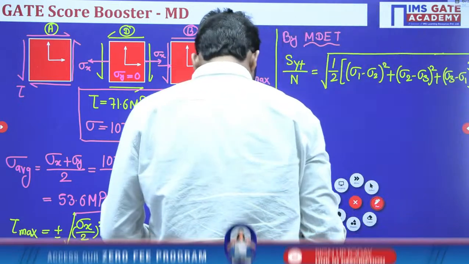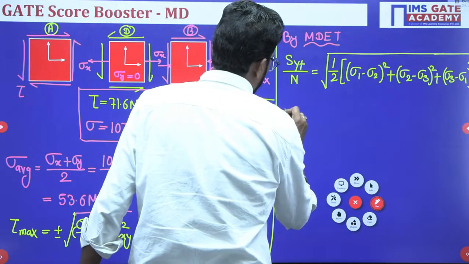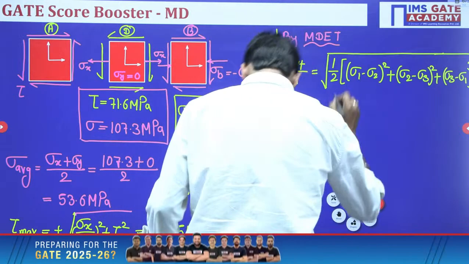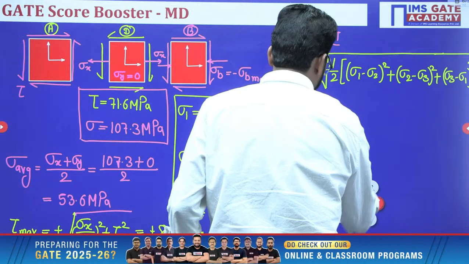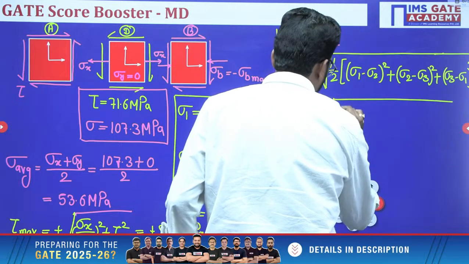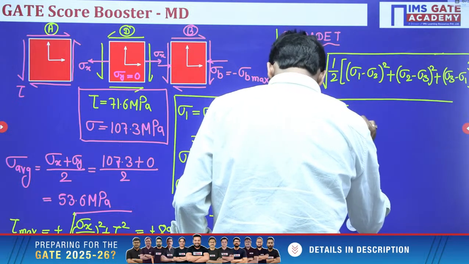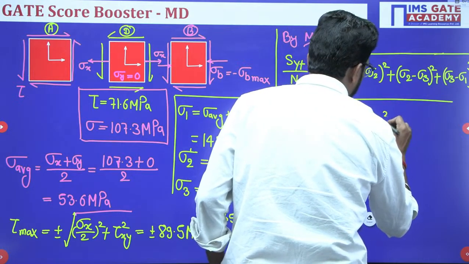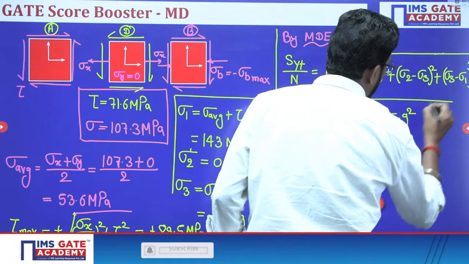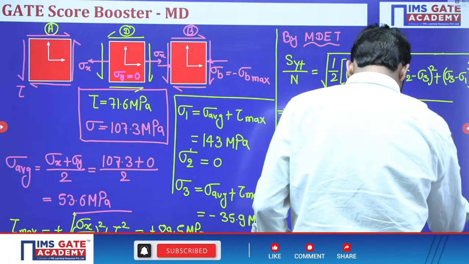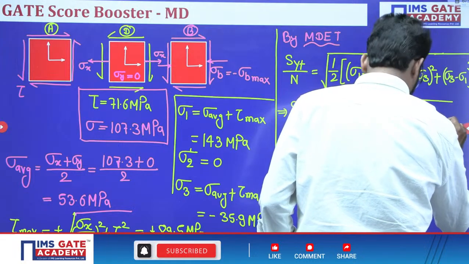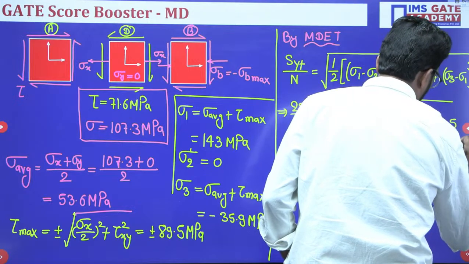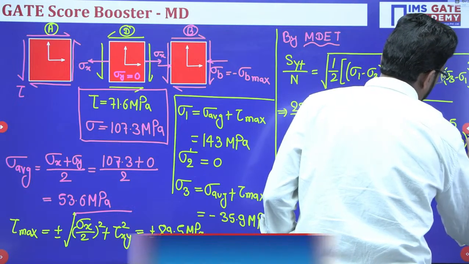SYT is given as 280 divided by N. If you rearrange this, we have to write 1 by 2 within bracket 143 square, sigma 2 is 0, plus 35.9 square plus minus 35.9 minus 143 whole square.